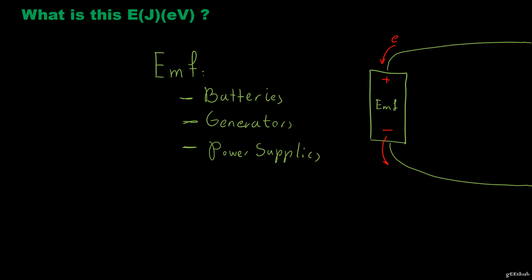And we said that because of that, we're going to have the current in the opposite direction. So my current is going to go from the positive and it's going to come back to the negative. And this current is basically a whole bunch of electrons moving in the opposite direction. And these charges, electrons, are going to gain a potential energy difference of delta E when they pass through this EMF.